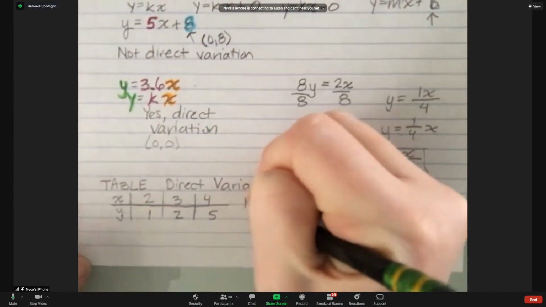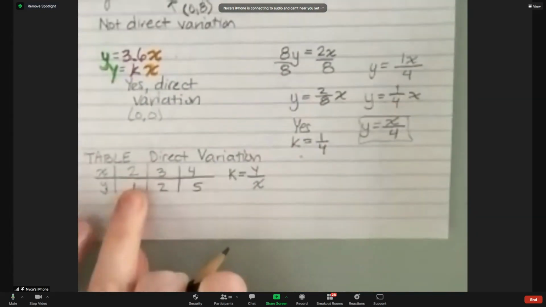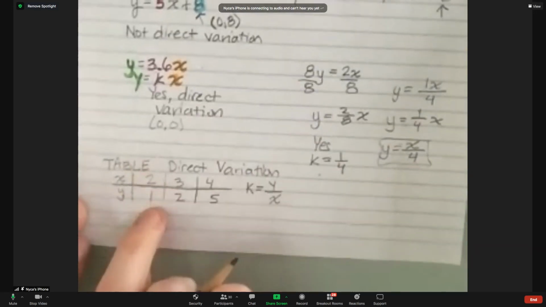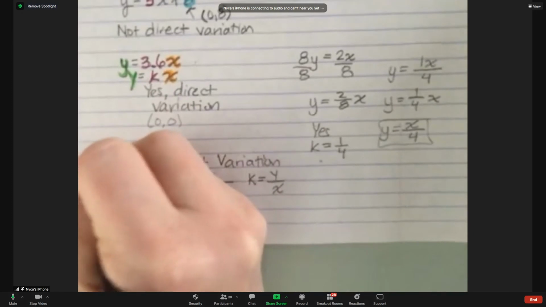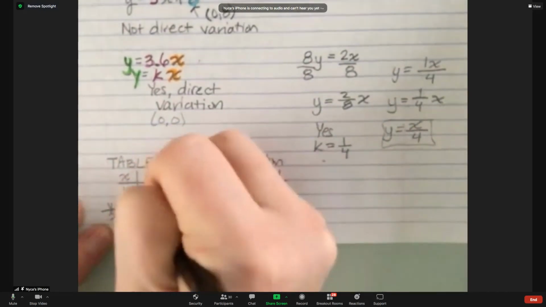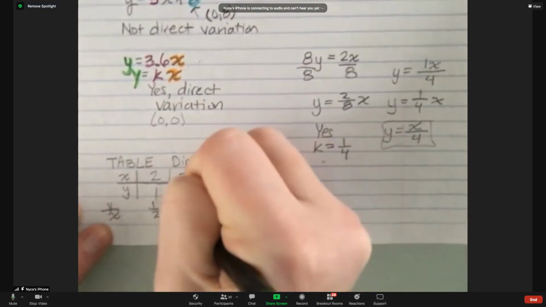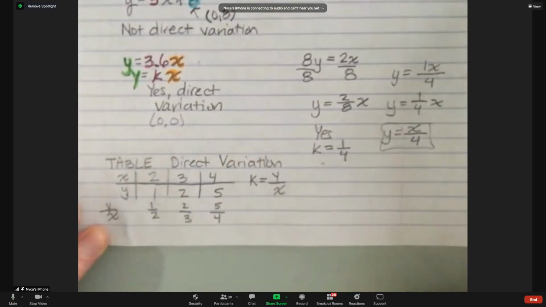Well, remember, in order to find K, we had to do the inverse operation, so it's going to be the formula Y over X. Common error, students will do 2 divided by 1. No, it's the reverse. So it helps if you write the equation below here so you start to memorize it. All right, that means 1 over 2, 2 over 3, 5 over 4.